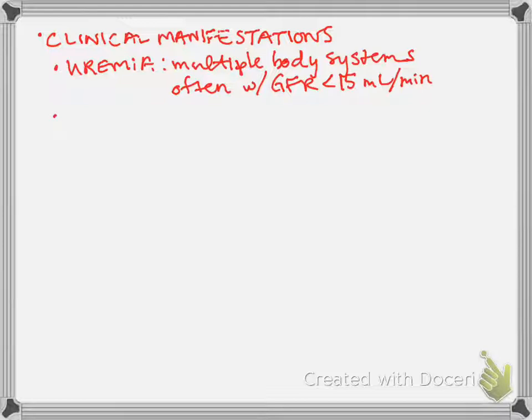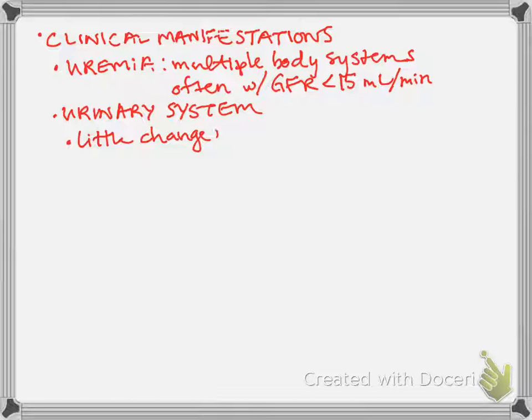When we look at the urinary system regarding clinical manifestations, there is little change in urine output unless it's related to the polyuria associated with diabetes. Remember those 3 P's of diabetes: polyuria, polyphagia, and polydipsia.